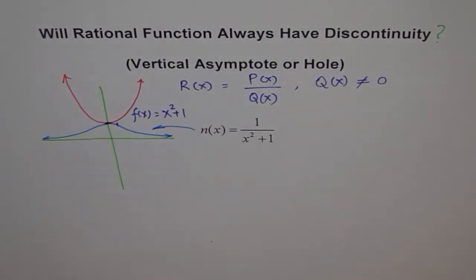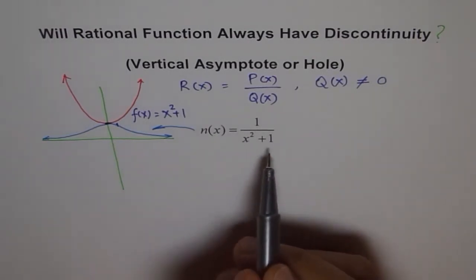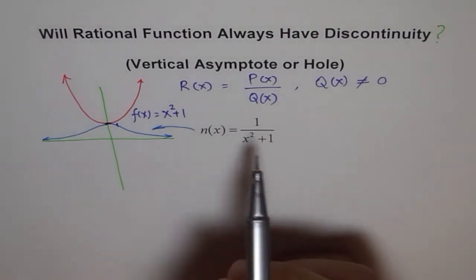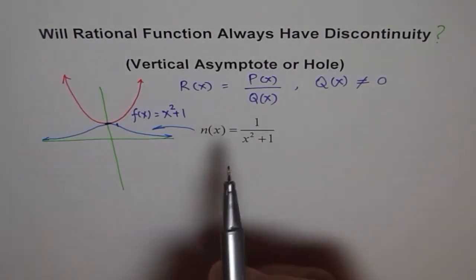As you can see, it does not have any discontinuity. So there is no question of any vertical asymptotes or holes, right? In general, if the denominator is not 0, then we will not have a discontinuity, correct? So you check for that.